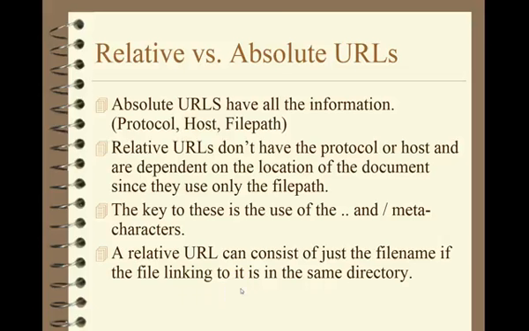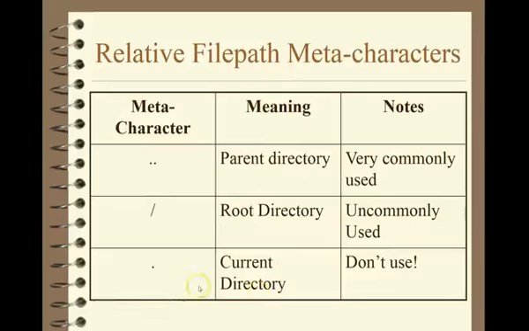Really what's going on is we're talking about the part of the file system that contains the web documents on the web server. In fact, a relative URL could consist of just the name of a file if the file which contains that URL is linking to another file that's in the same directory.